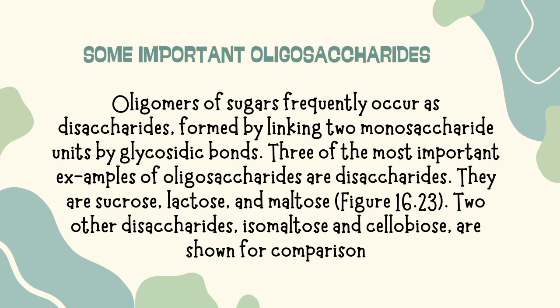Lactose is a milk sugar, galactose plus glucose. Maltose is a malt sugar, glucose plus glucose. Other related disaccharides like isomaltose and cellulose help show how the type of bond affects each sugar's structure and properties.